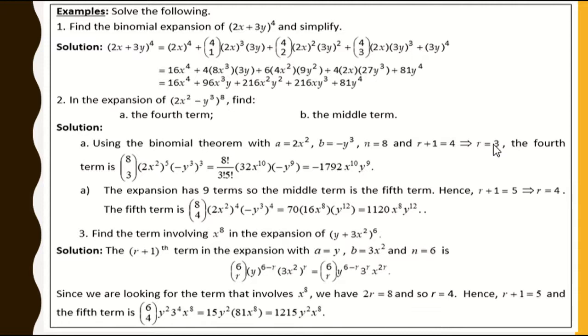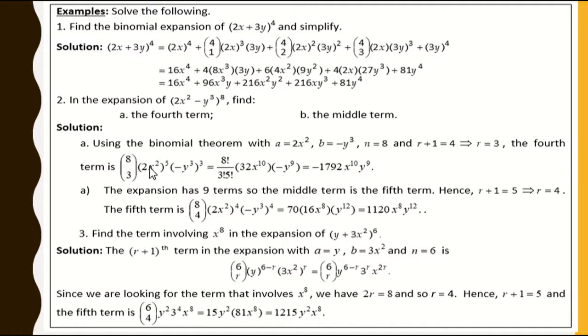Okay, so that is our fourth term. We have this 8 taken 3 at a time. Because for the first term, r is 0, second term is 1, third term is 2, so the fourth term is 3. 8 taken 3 at a time. Okay, then, let us move to 2x squared to the power of 5.